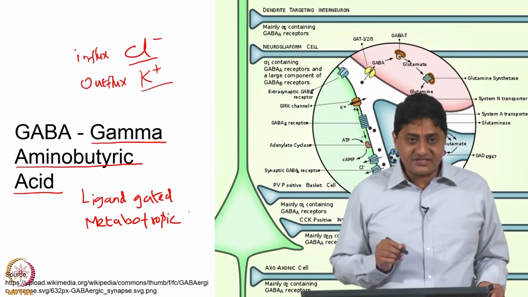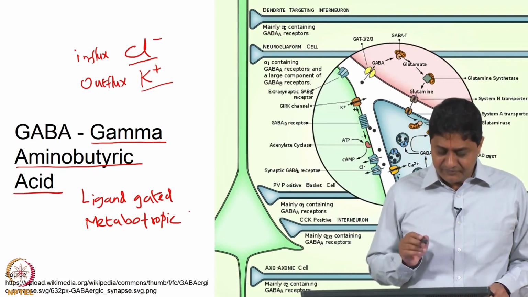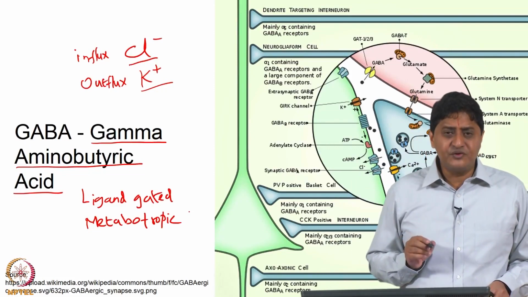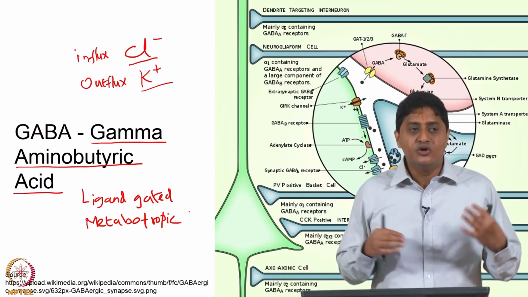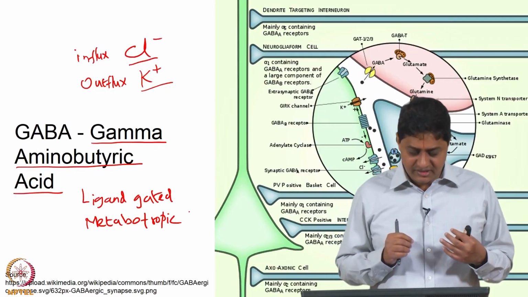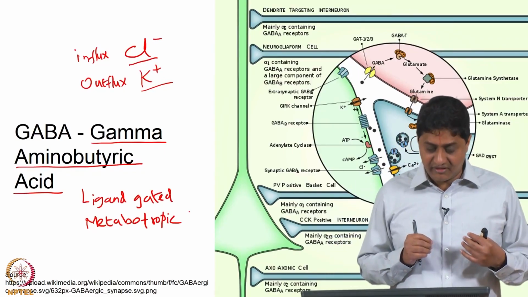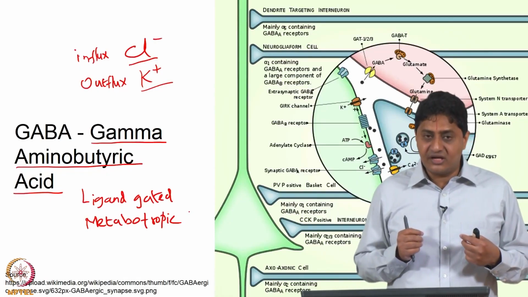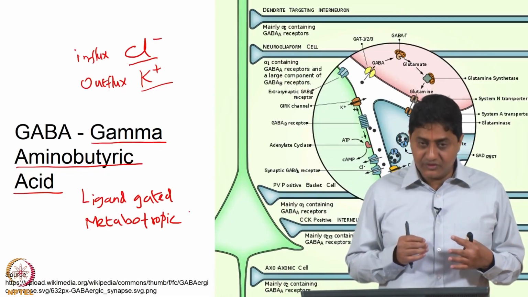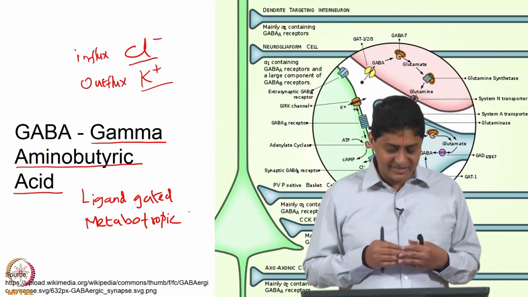The details I am skipping for brevity. It is sufficient if you know that there is not just a simple method by which this functions, there are at least two mechanisms by which GABA could function. The receptors are of at least two types, okay. Those that involve mediators such as a G protein, and those that involve ligand gated ion channels.